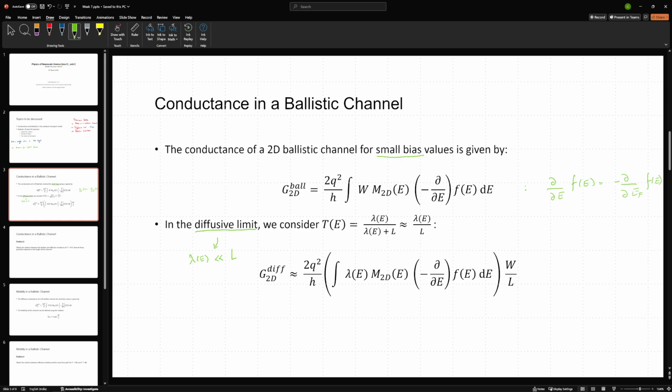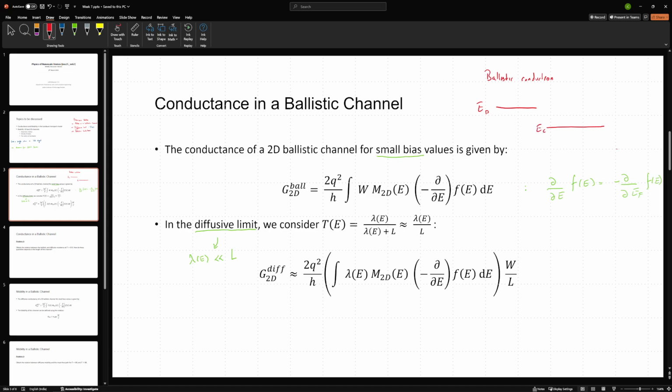Now remember, when we are considering ballistic conduction, if you go back and look at what was done 2 weeks ago, there is going to be an initial level on the source side, and then a channel energy level.